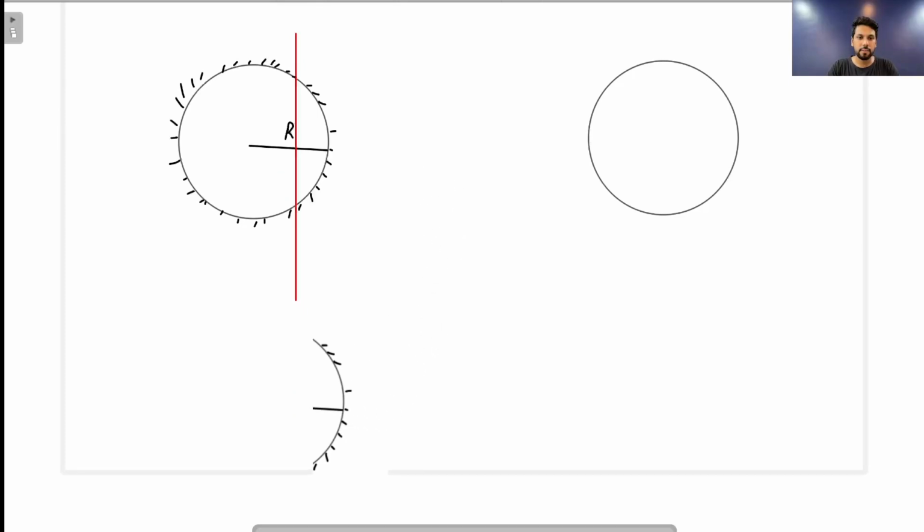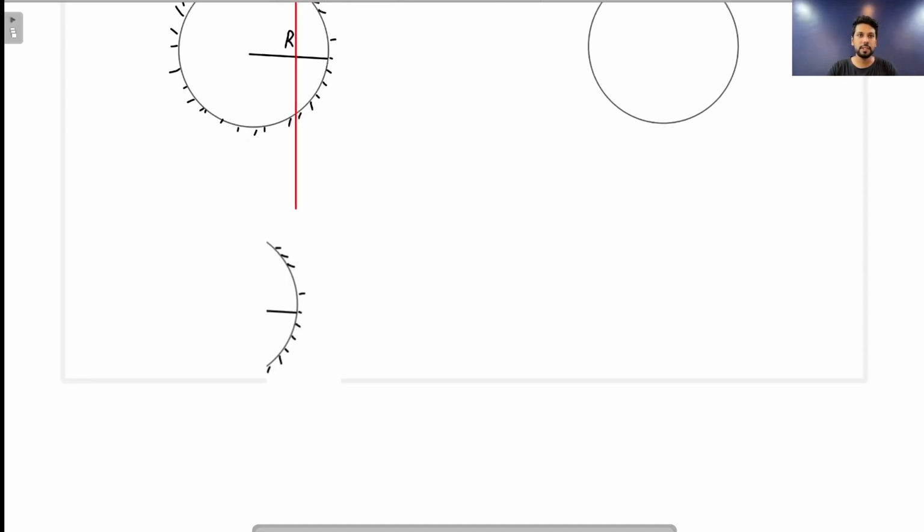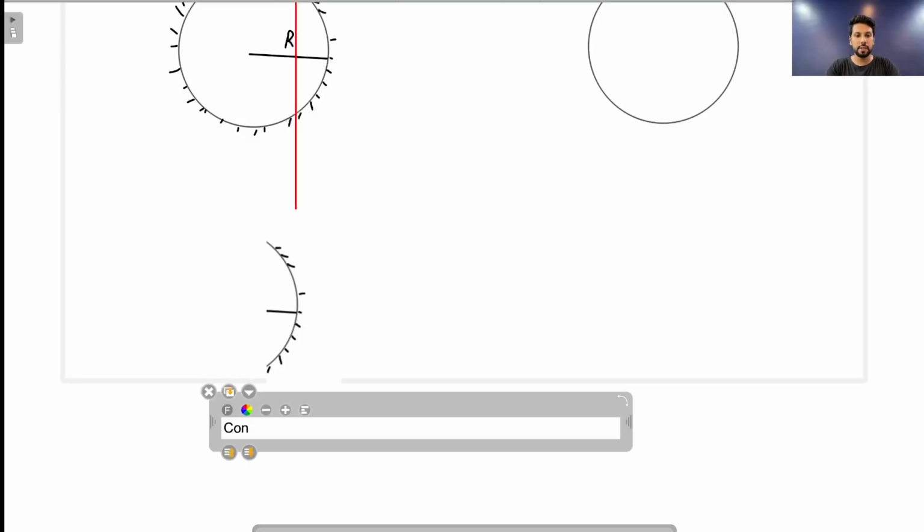Look here, I cut that portion out and removed it. What you're seeing now is a concave mirror, a mirror in which the inner side is reflecting. A concave mirror in which the inner side is reflecting.